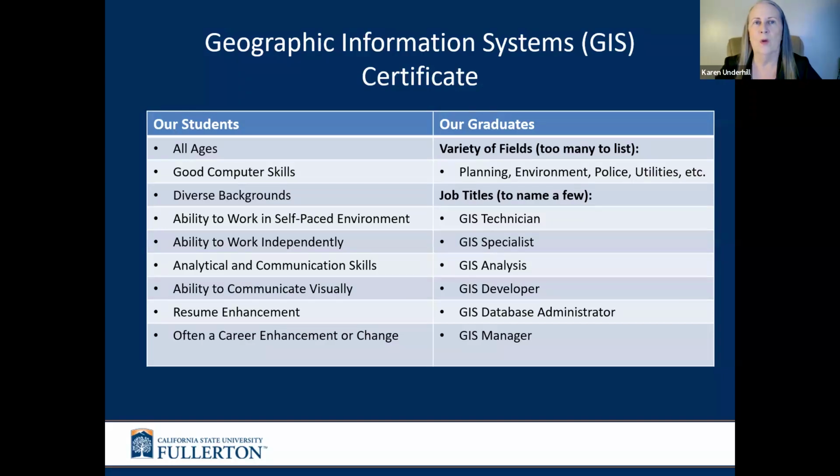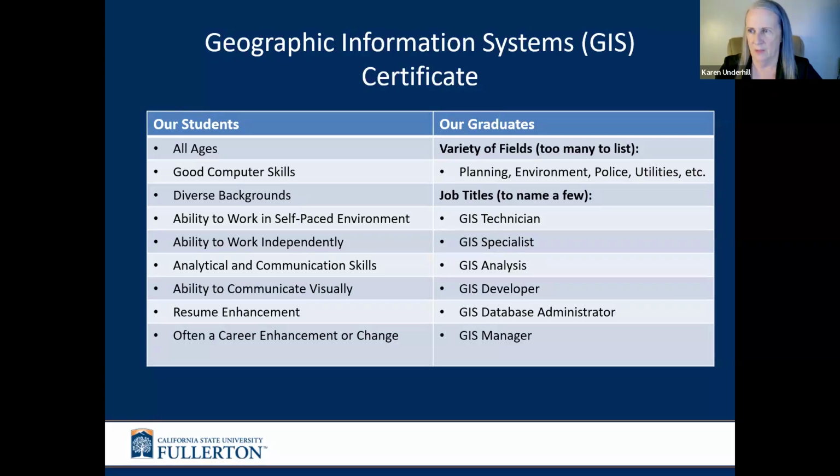So say you work in planning, say you're an actual urban planner, but you want to learn GIS. So your job title may not change. You may advance to more senior levels of planning because you have a GIS background. But then you can also get jobs as directly as a GIS working person for different companies, consultants, government agencies, utilities, wherever your interests are.